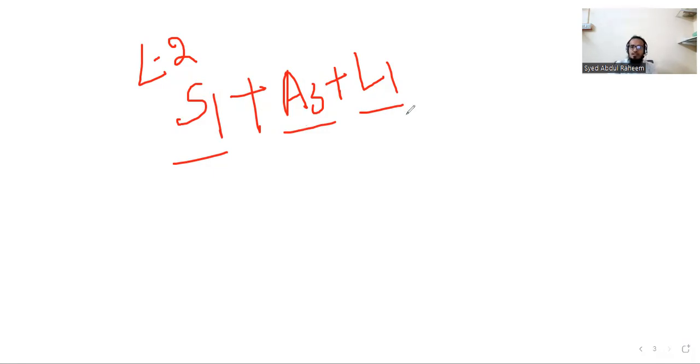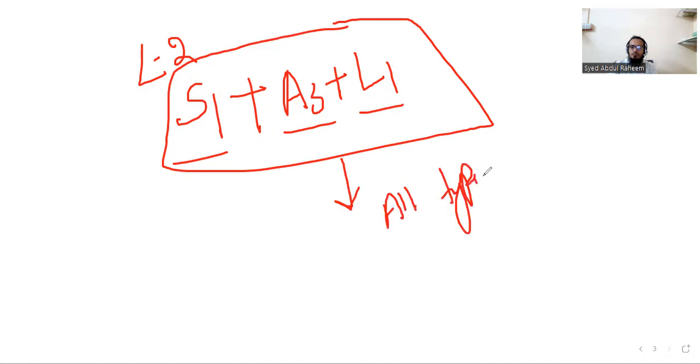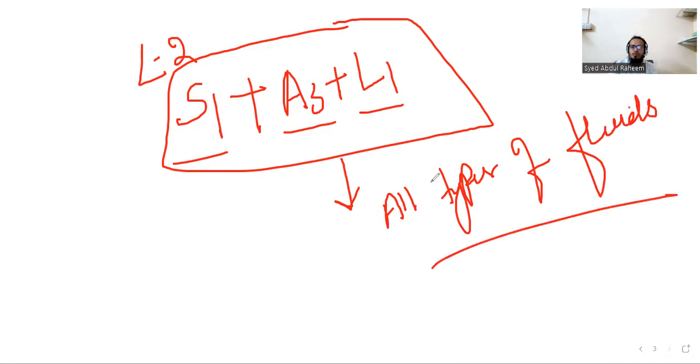That's the reason it is the best combination for all types of fluids. So we have S1, A3 plus L1, which will work on all types of fluid.